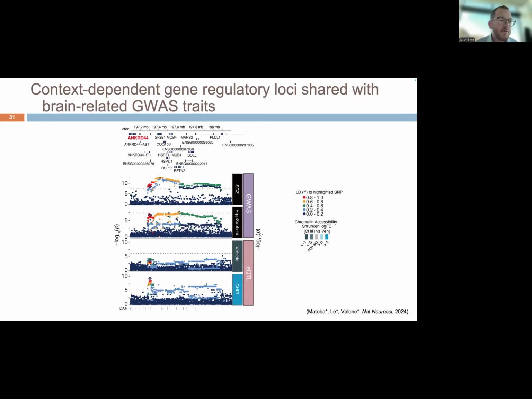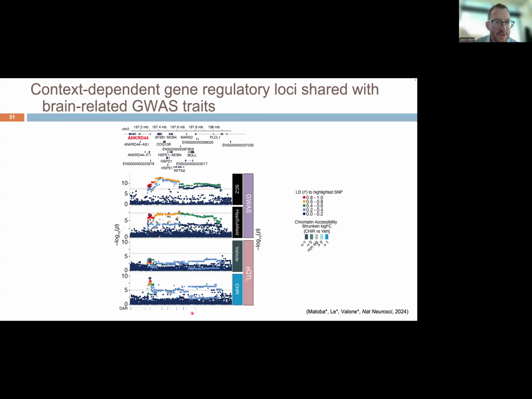Okay, and so to give an example of a stimulus-specific colocalization, here we have a CHIR responsive eQTL that was not detected in vehicle that colocalizes with a schizophrenia GWAS signal. So we have the schizophrenia GWAS signal, again, in a complicated region. We don't know a specific gene being affected, and that gene being affected was not revealed in the vehicle condition, was only revealed in the CHIR stimulated condition.